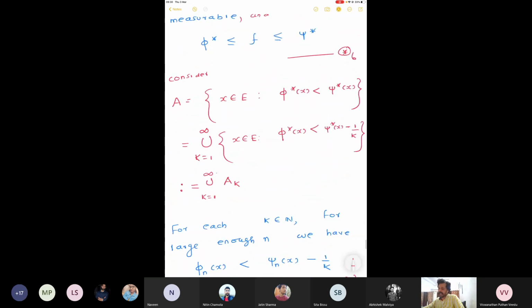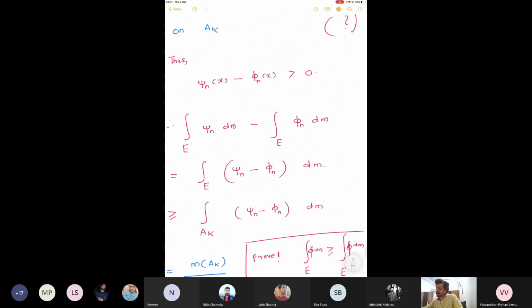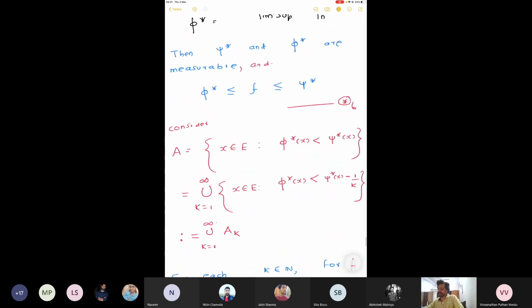And what is A? A is the collection of all x in E such that phi star of x is strictly less than psi star of x. That is of 0 measure. Thus, and now remember this star 6: f is always between phi star and psi star, and the set on which phi star is strictly less than psi star is of measure 0. That means equality holds for almost all x.